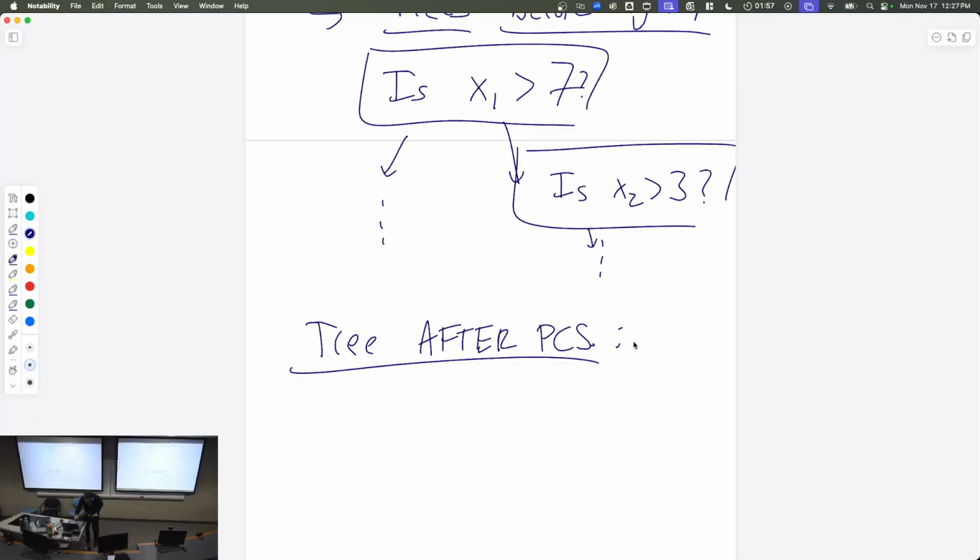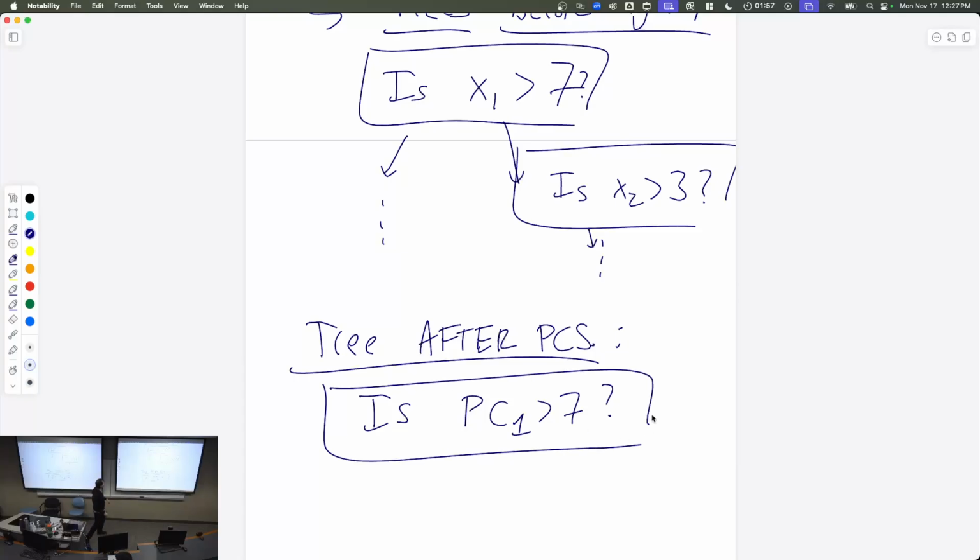The questions will be of the form, is principal component number 1 greater than 7? This is the big important difference. Before, we could only ask about every individual variable. Now we can ask about the principal components, and the principal components have a combination of all the variables in a smart way.